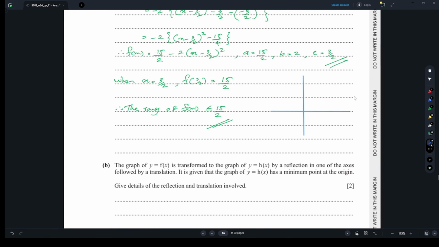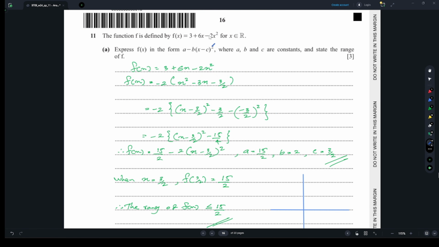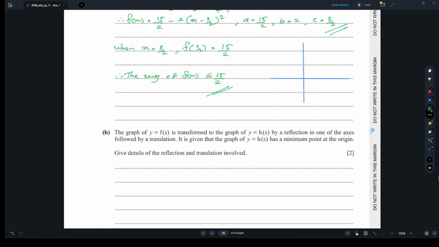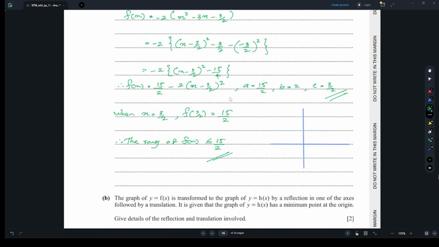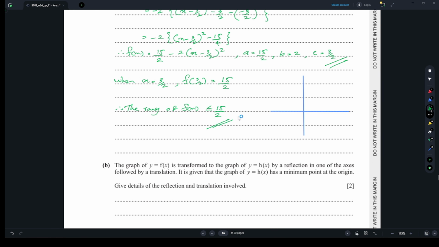Here, as you can see, the coefficient of x squared is negative, right? So it's a graph with a maximum point. And the maximum point you can have by taking x equals 3 over 2. So it is kind of a graph like this.